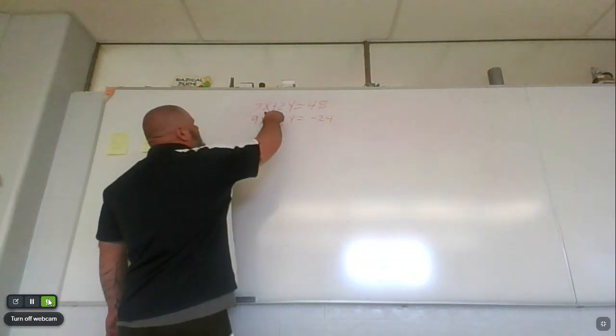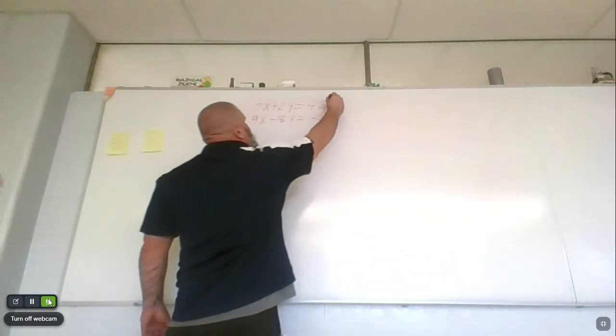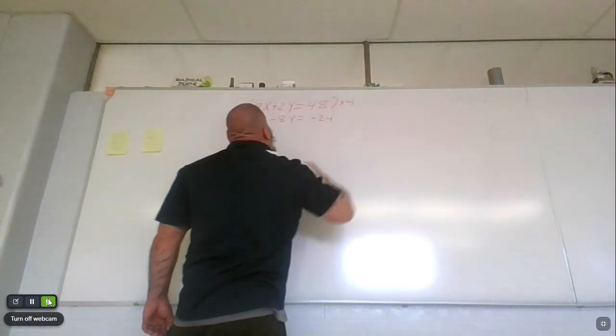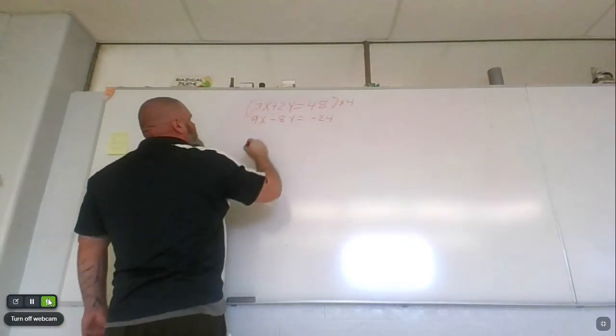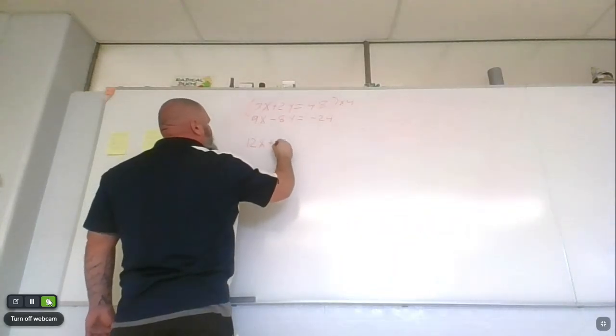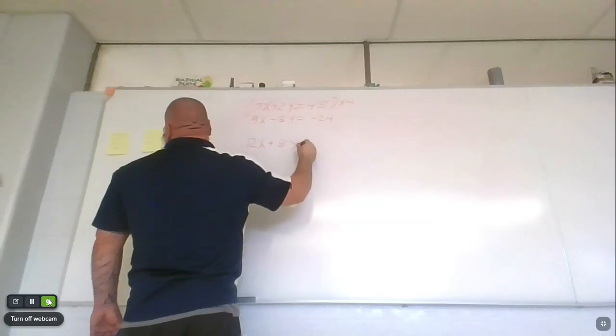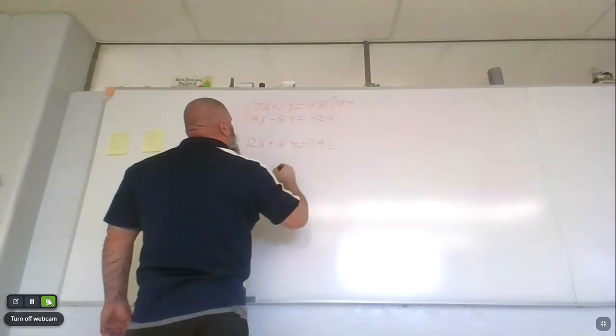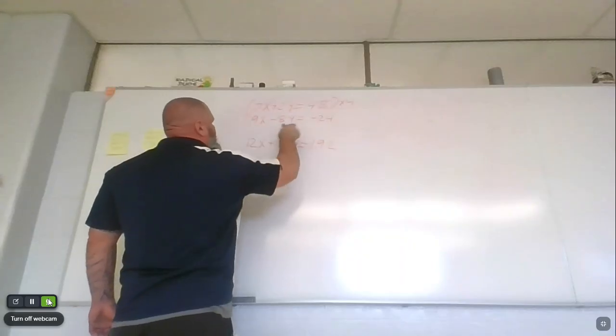Now, if I look, I have a positive and a negative y, but they're not the same value. I'm going to multiply this by 4. 3x times 4, 12x, plus 8y equals 192. So now we have these two equations here.